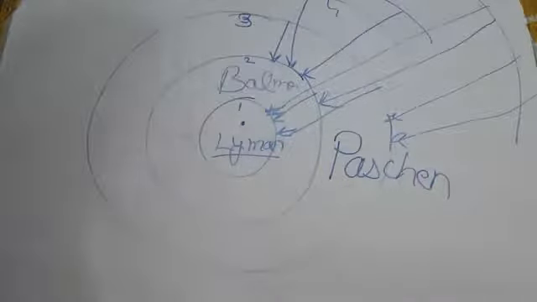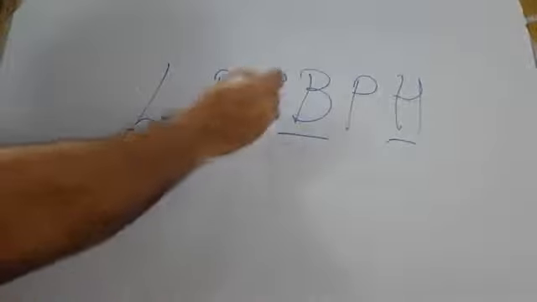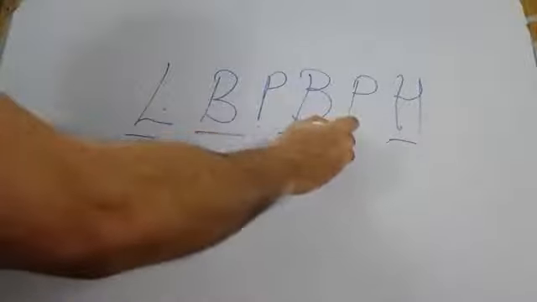And this series you can memorize as L, B, P, B, P, H: L for Lyman, B for Balmer, P for Paschen, B for Brackett, P for Pfund, H for Humphrey.